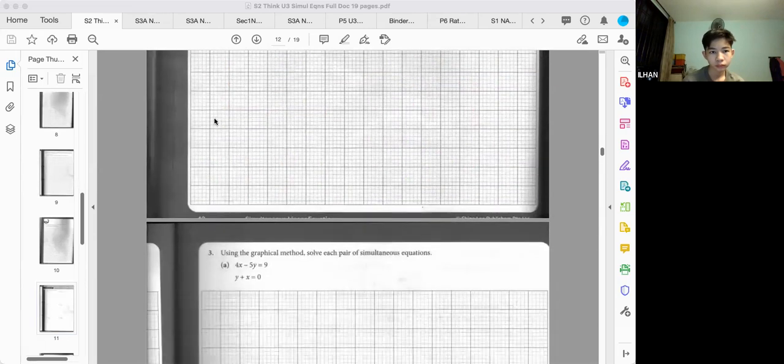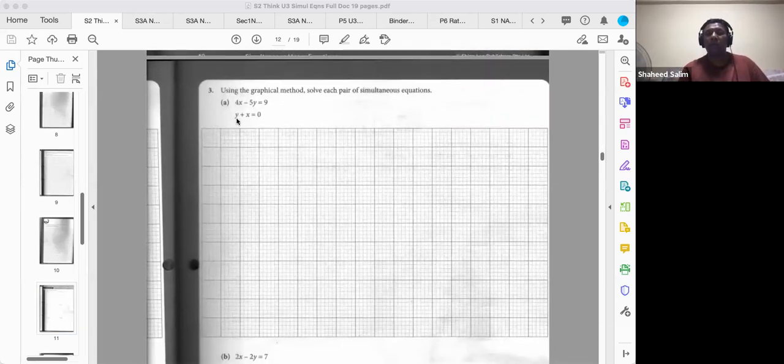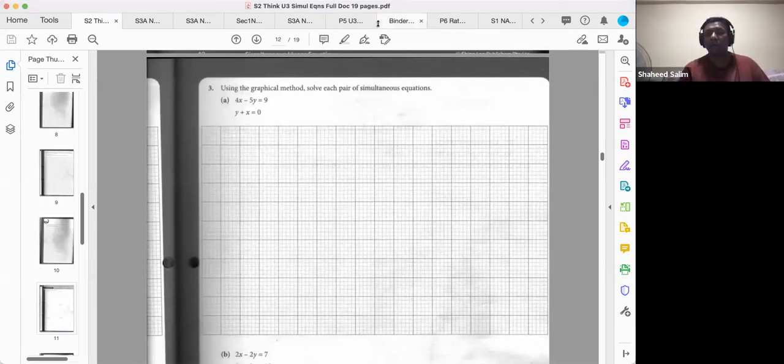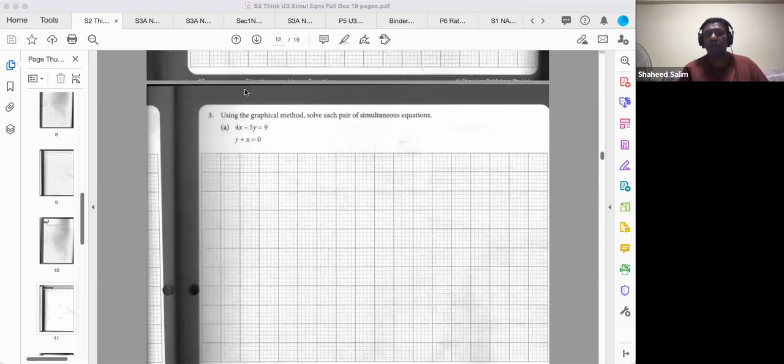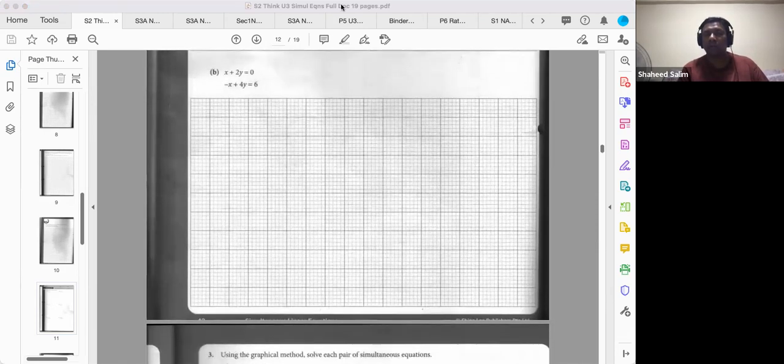Maybe I need to give you one graph. Can you form this one? That's the second one. Y plus x equals to what? Can you do that?